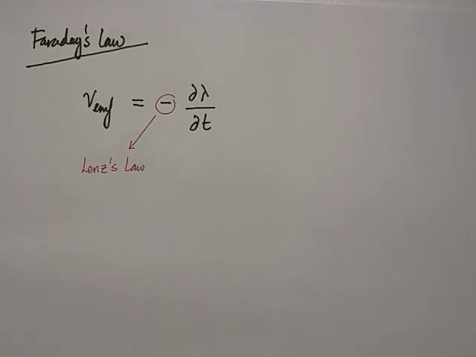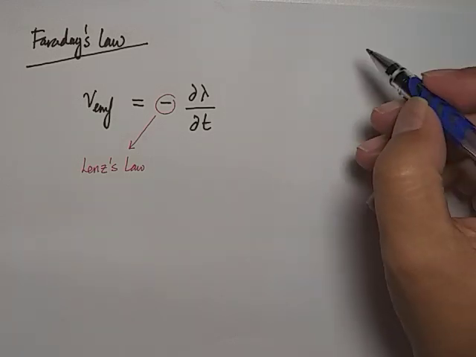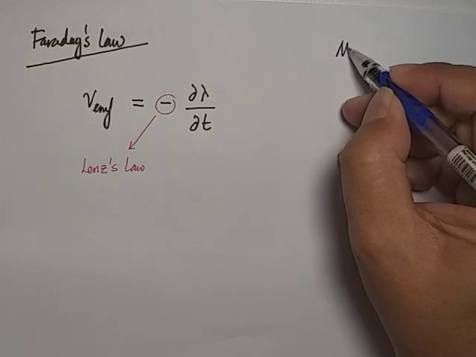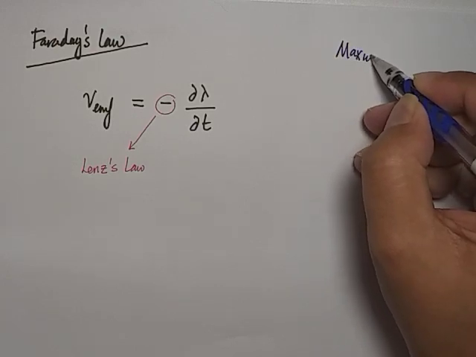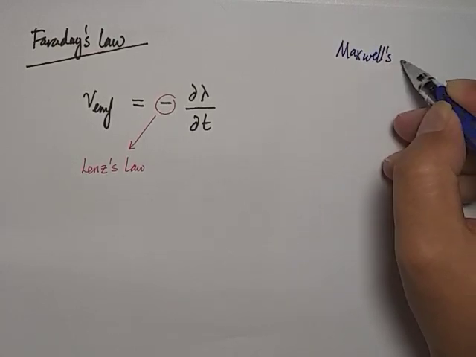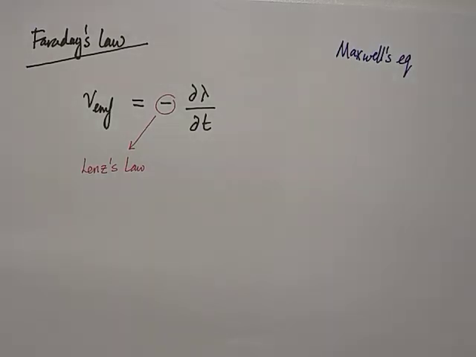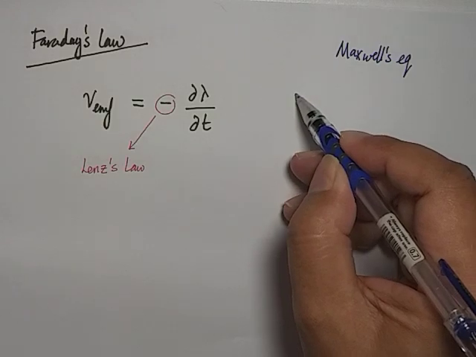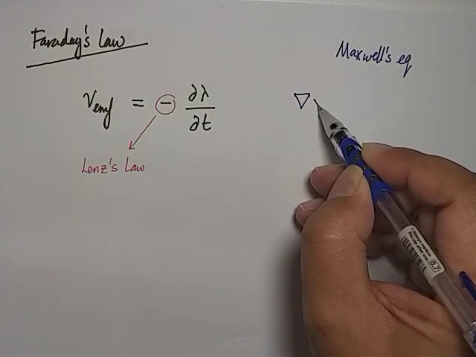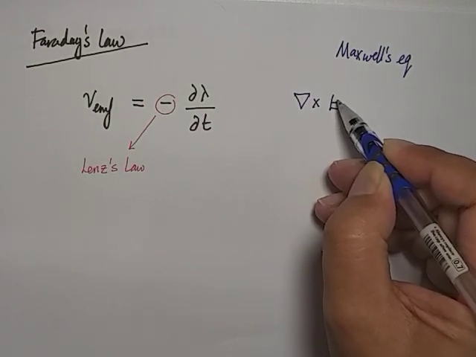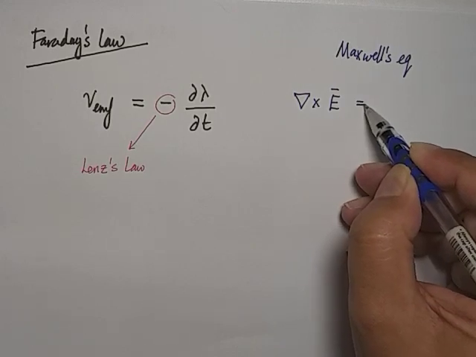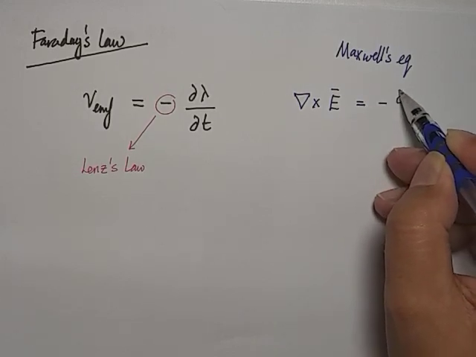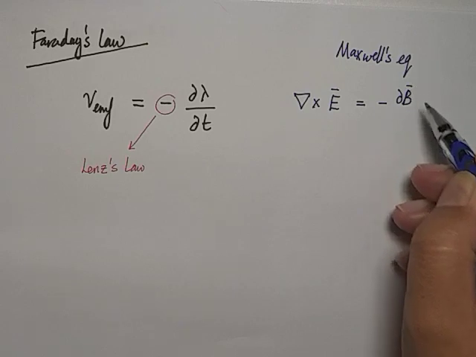And if we talk about Maxwell's equations, for this particular equation, Maxwell states that curl of E is equal to negative dB over dt.